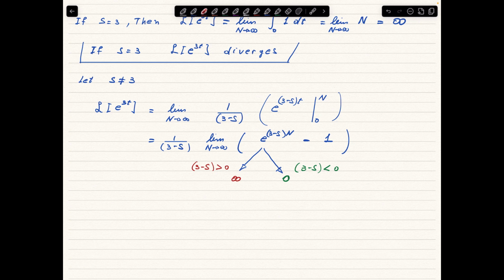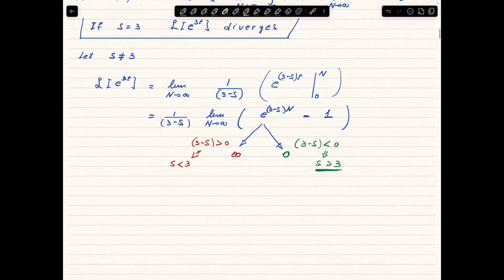So notice that the first case is equivalent, if we move s to the other side, to s smaller than 3, and the second to s bigger than 3. Only in this case we have a convergent integral; in the other case it is divergent.